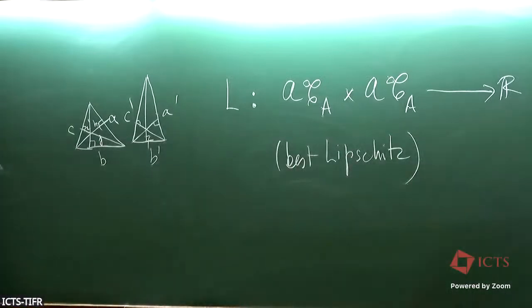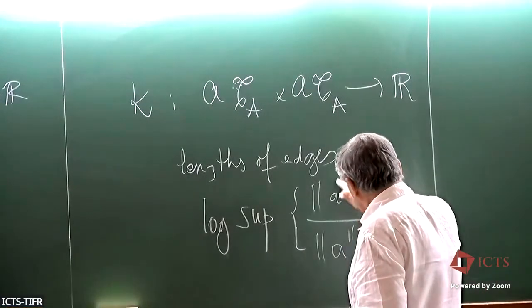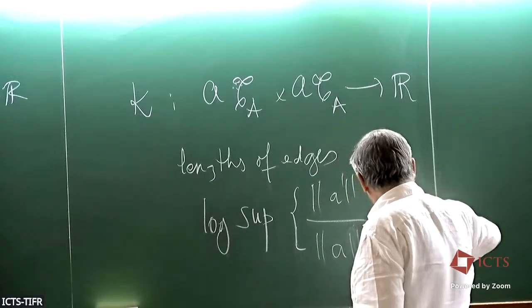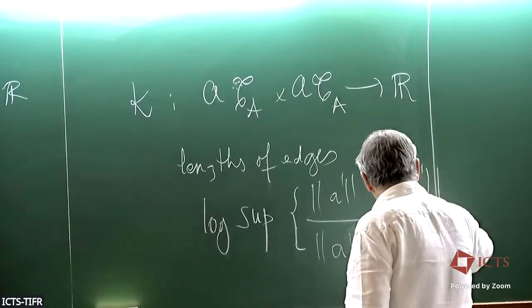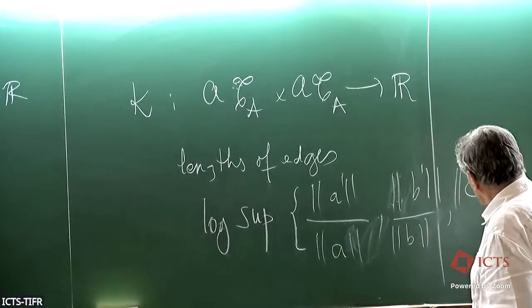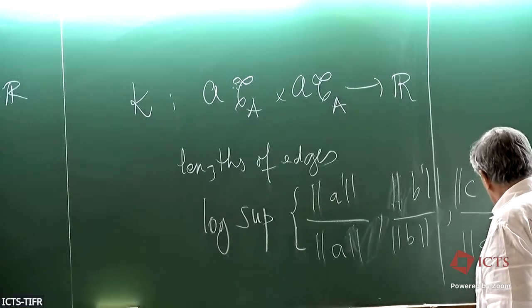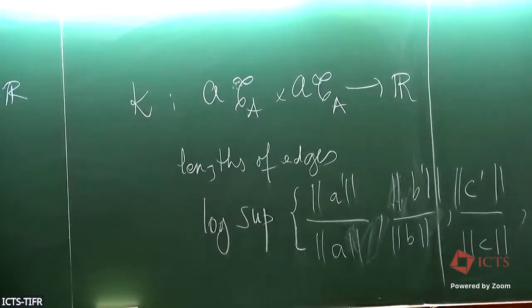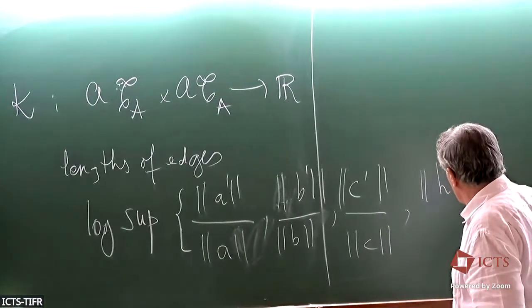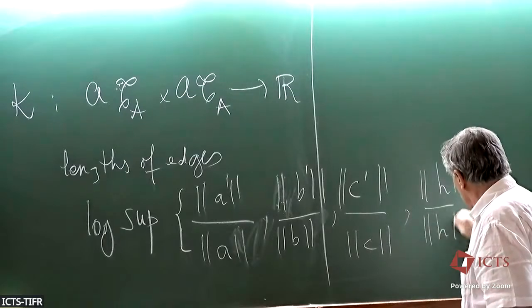So length of A prime, A, B prime, B, length of C prime, C, and then so on, H prime, H.